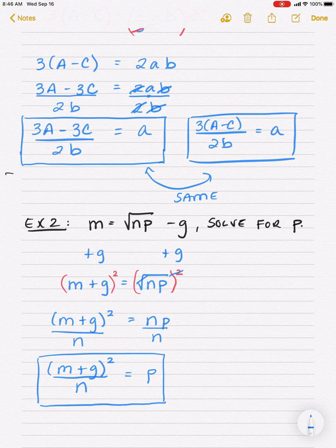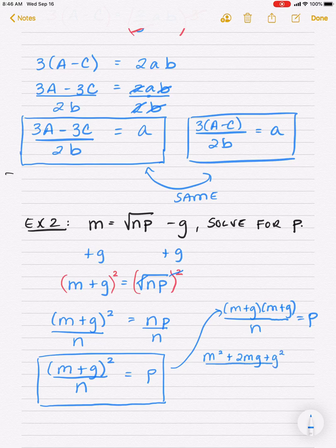I would take it. Now, someone else in the room might decide that they want to take (m plus g) times (m plus g), and maybe they want to expand it out. I would take this answer as well. When you double distribute it, this is what we're going to get. Now, this is also the correct answer.